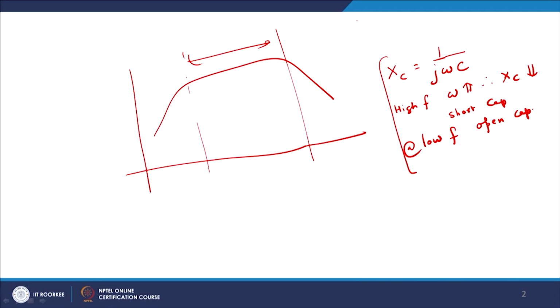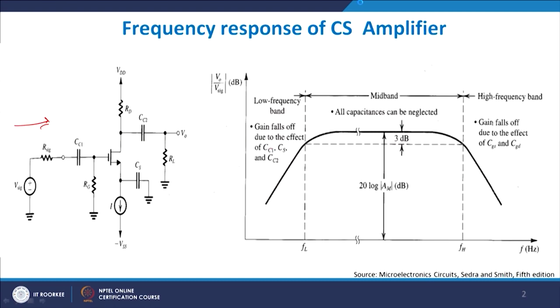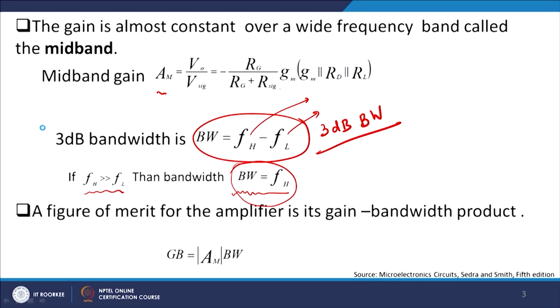So, if you look at the next slide here, you see Rg by Rg plus Rsig is the division which you do, because it is basically a voltage divider network. So, this is Rg divided by Rg plus Rsig, the voltage divider network which you see, multiplied by Gm into Gm parallel RD RL.